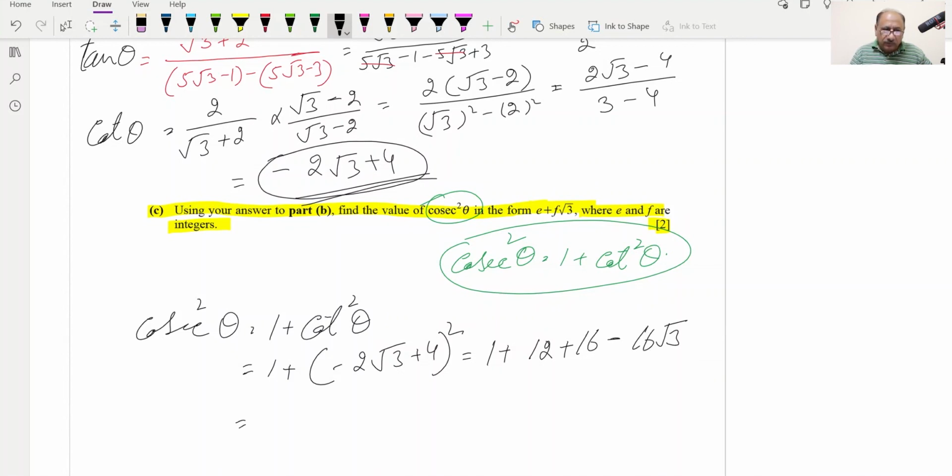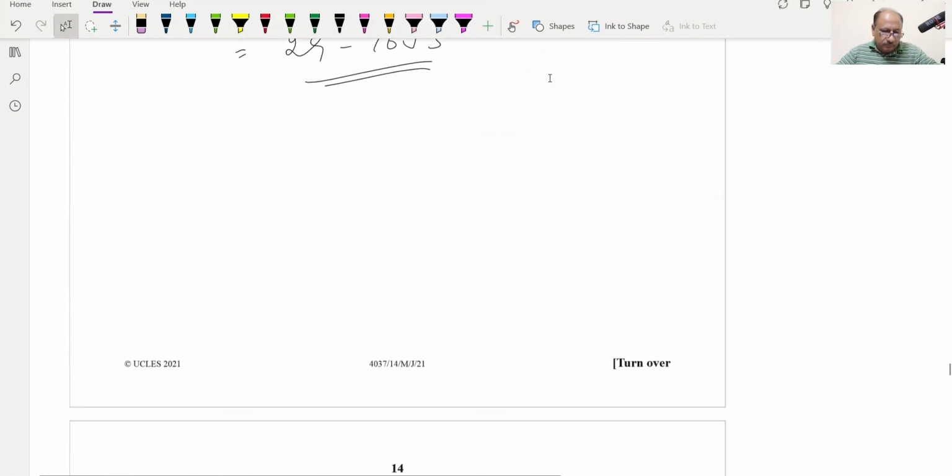Further we can write it as 16 plus 12 plus 1 will be 29, so we can write this as 29 minus 16 root 3, and this will be the value, and this is the 2-mark part which we have done.